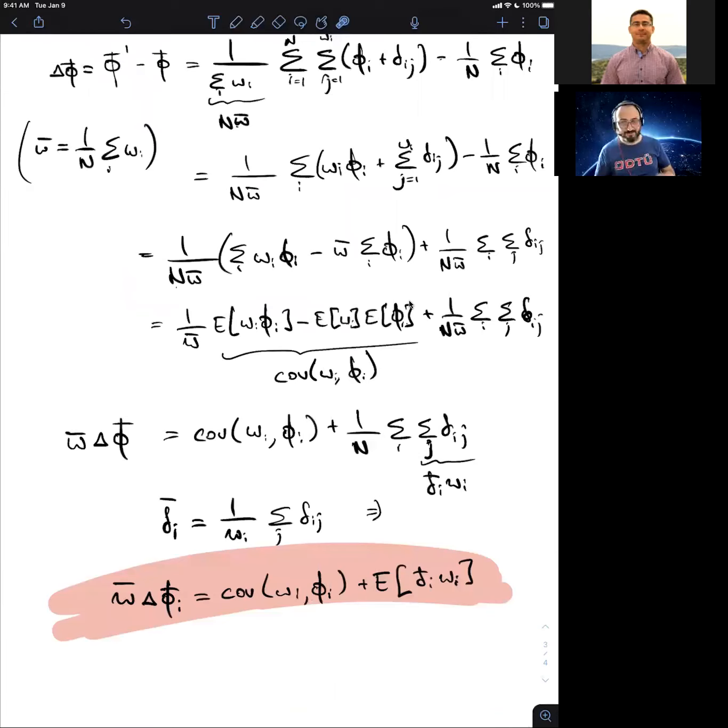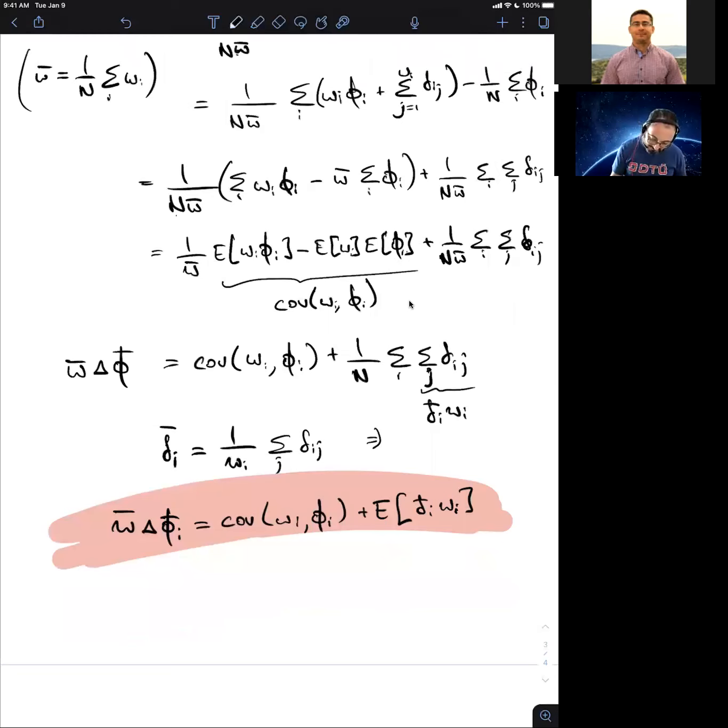So why do we do this whole rigmarole? The reason is the Price equation chops up the change in the mean phenotype into different bits. It partitions it, and this is how it partitions. Remember, the covariance gives you the relationship between two different variables.